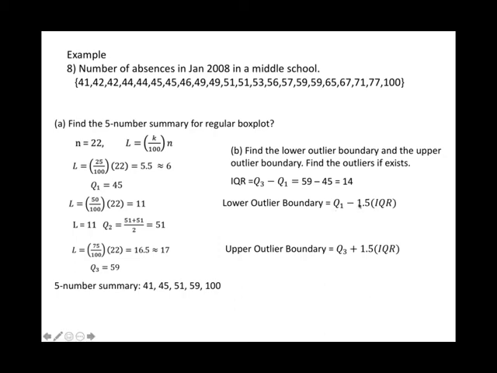Make sure you multiply 1.5 by the IQR first before you subtract from Q1. Check your work. You should get 24 for the lower outlier boundary, and you should get 80 for the upper outlier boundary.